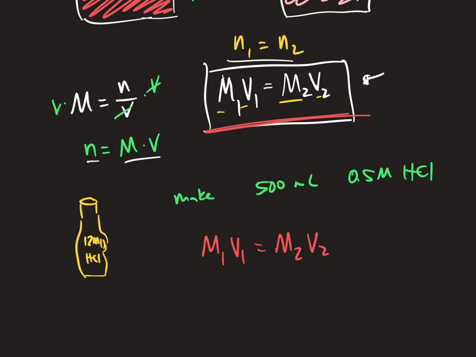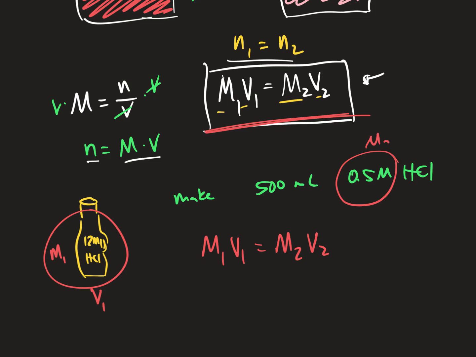What's M1? What should we say M1 is? What we start with. That's a good thing to say, right? We started with our 12 molar concentration, so that's M1. What should we say V1 is? Whatever volume of this that we use, right? We don't know that yet, do we? And what should we say M2 is?